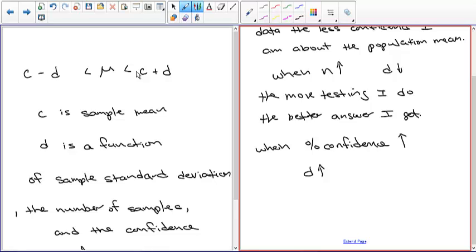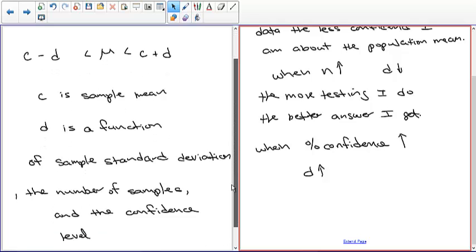It's like horseshoes and hand grenades. If you use a hand grenade, you don't have to be that accurate. As long as you make that interval bigger, you're more likely to have the population mean be in that interval. So those are the three factors that influence how well you can predict.